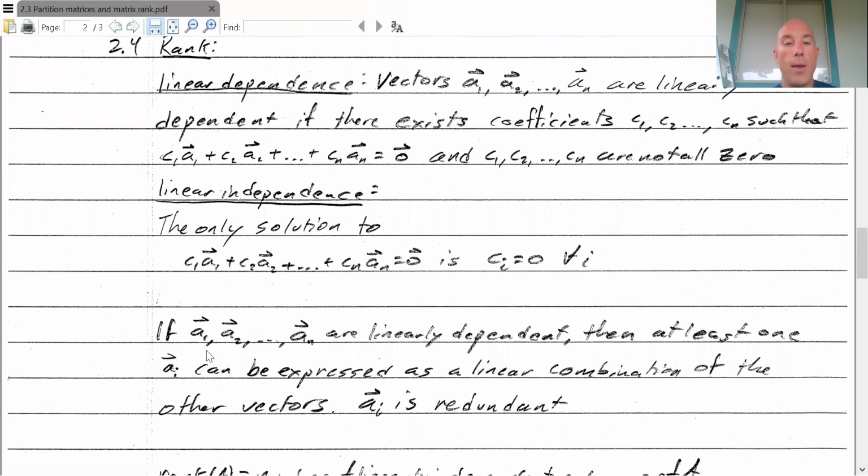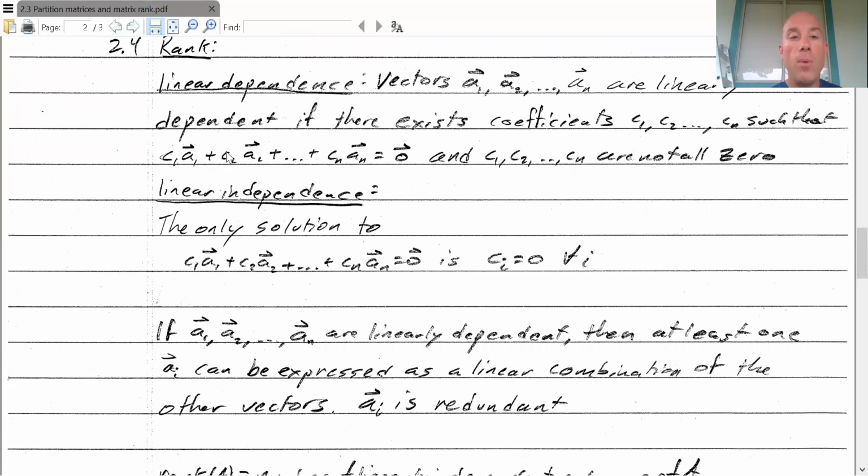Okay, so if these are linearly dependent, then at least one of the A_i's can be expressed as a linear combination of the other vectors. Well, let's think about this for a moment. Let's say that I have this equation, and not all of the C's are equal to 0. Okay, so let's pretend C2 is not equal to 0.